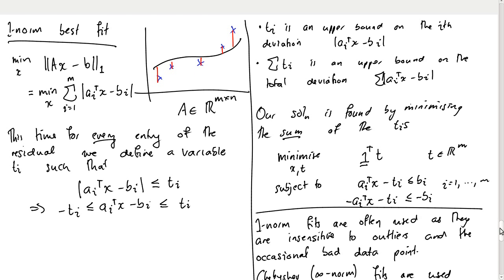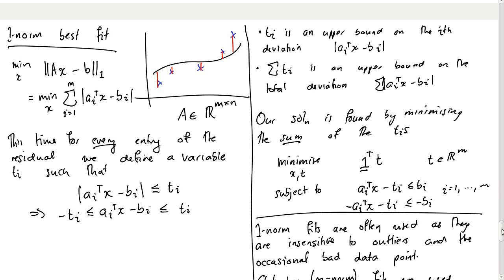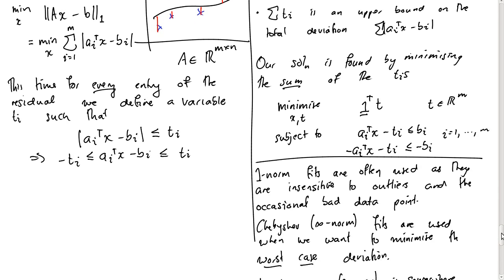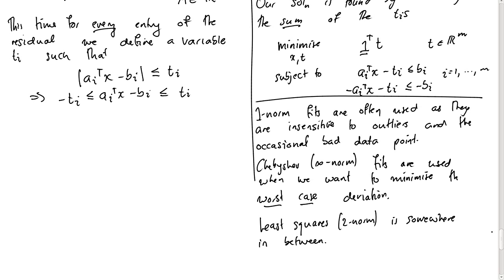Okay, if you're not a statistician and you've never come across what I'm talking about before, then don't worry. But if you know that your errors are normally distributed, then least squares is definitely the one that you should be using.